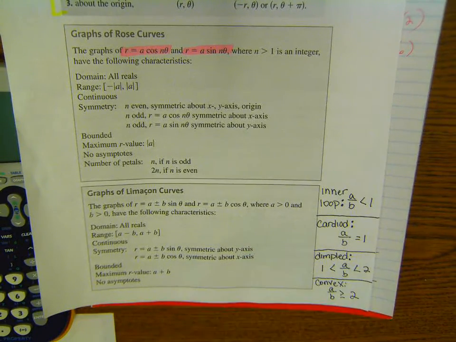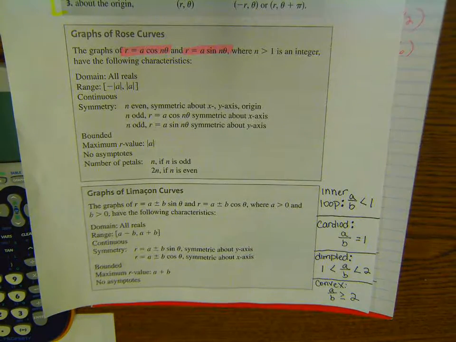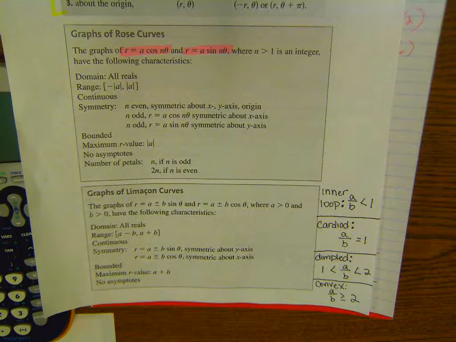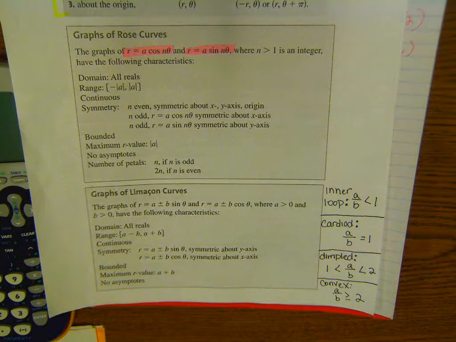So when you're deciding your types, don't just look at them and try to guess. Use those ratios to do that. Okay, so let's take a look at a limacon in a minute. You guys have that written down.